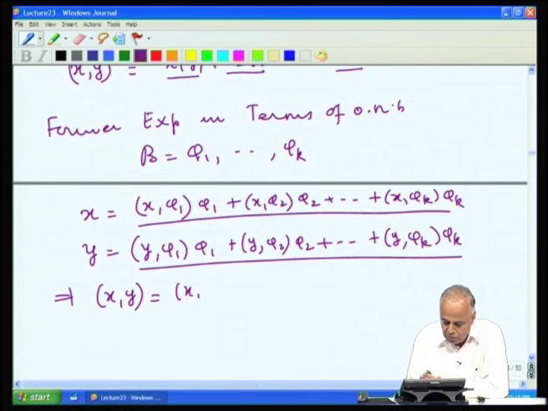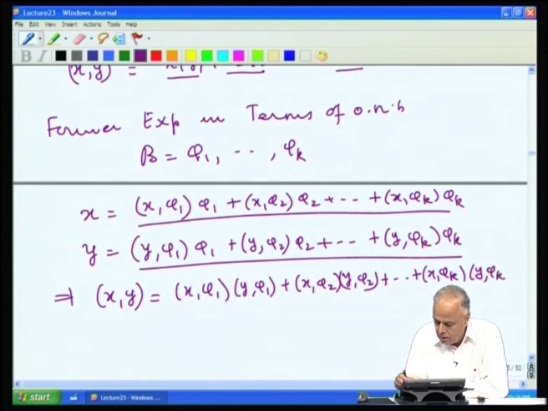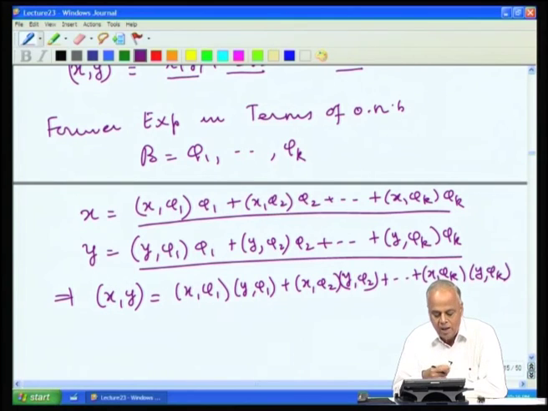So, this will simply be the inner product of x with phi 1 times that of y with phi 1, plus the inner product of x with phi 2 times that of y with phi 2, and so on, up to the inner product of x with phi k times that of y with phi k, which simply says again we get the inner product of x and y as the product of the corresponding Fourier coefficients.